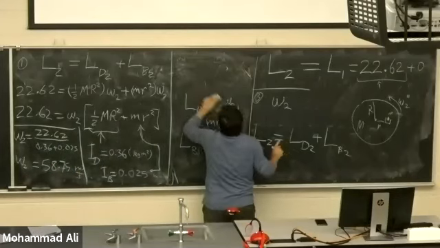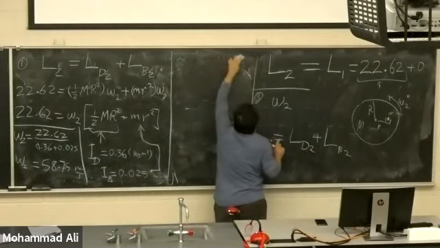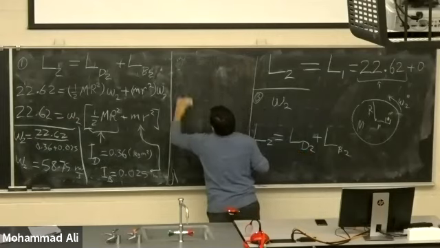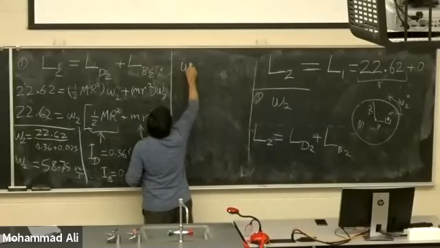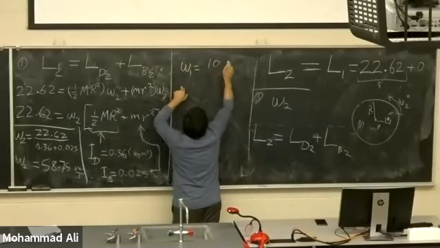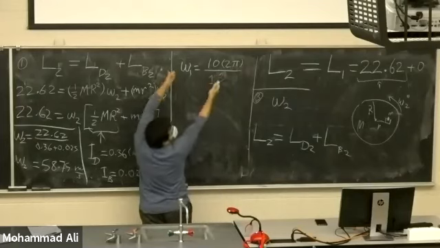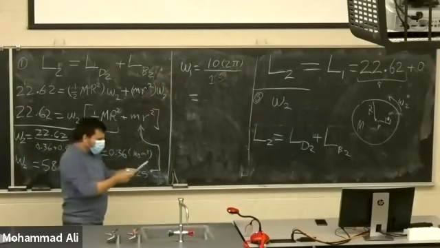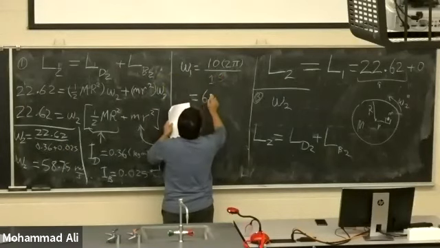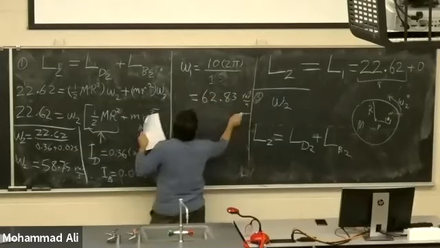Look at this now. We are not dealing just with numbers. We are physicists now. We have omega 1 is equal to 10 rotations during a second. If we compute this as a number, it will be 62.83 radians per second.